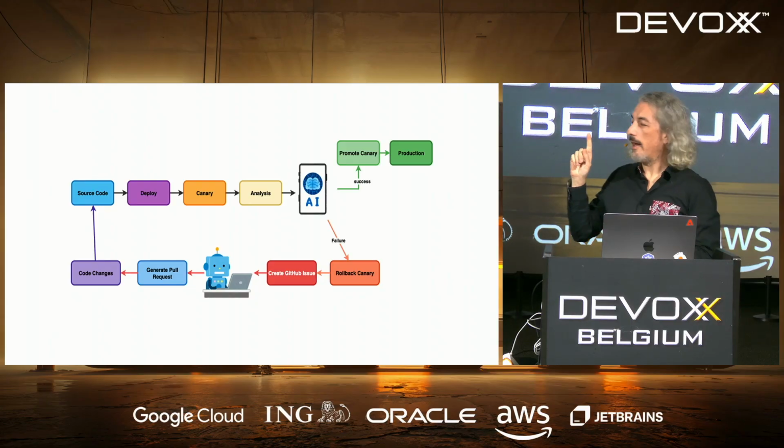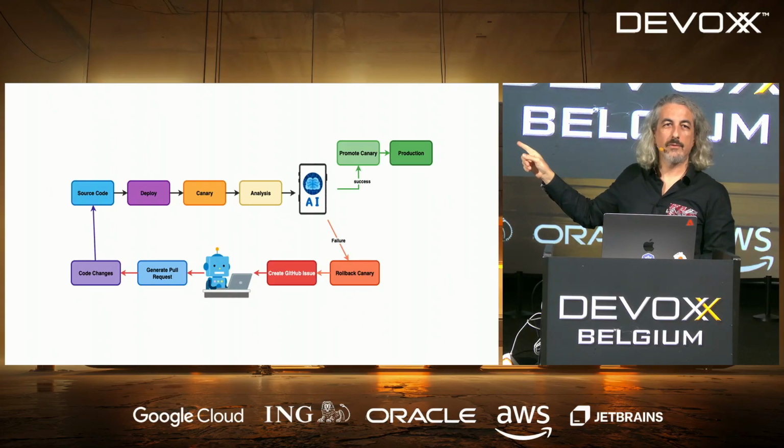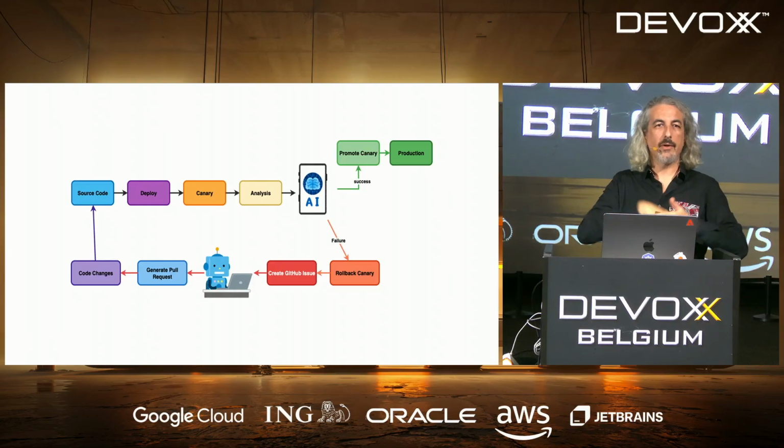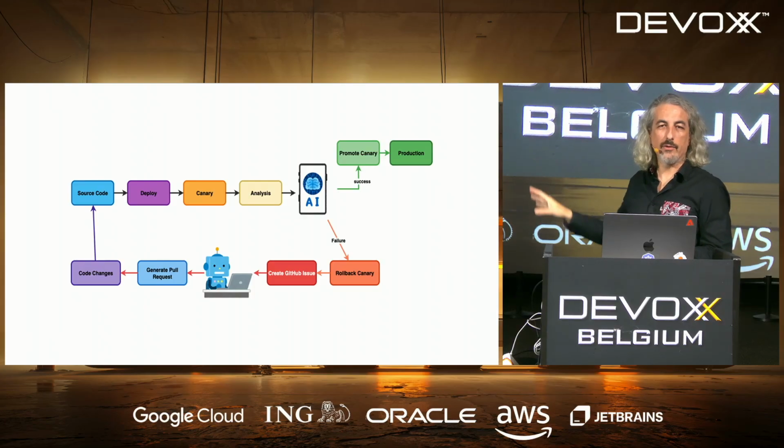So after the rollback, it now creates the GitHub issue, gets one of these coding agents, whichever one you choose. You can also say, use an LLM directly and say, okay, clone the repo, make some changes, push it and whatnot. But all these tools now give you coding agents, generates the pull request, creates the code changes, and you go back into the loop.